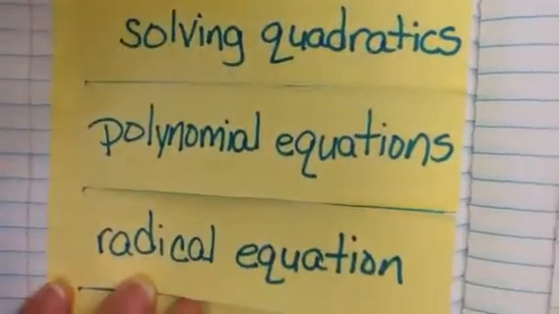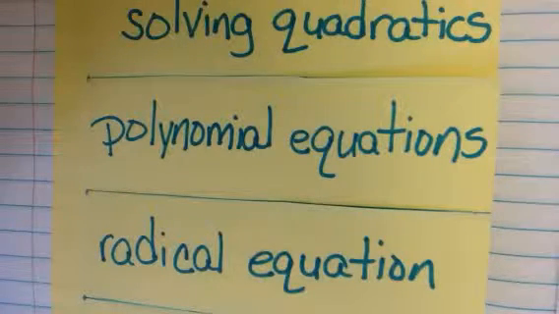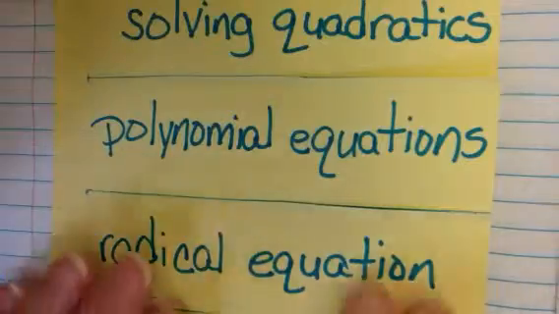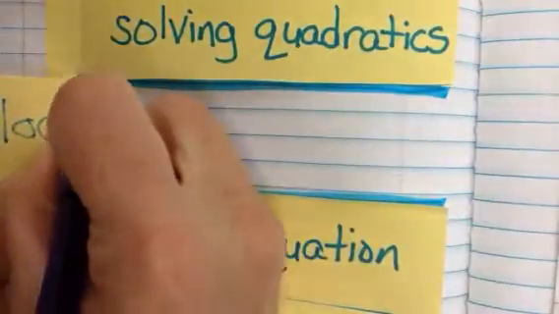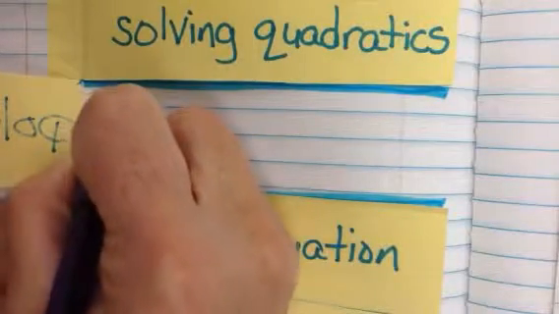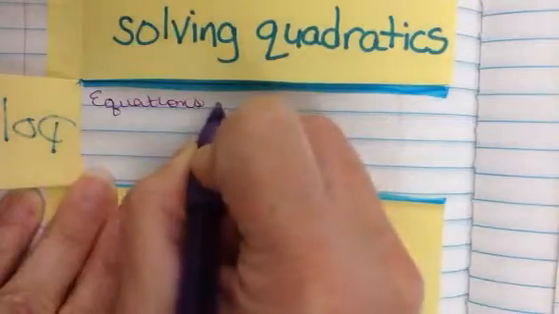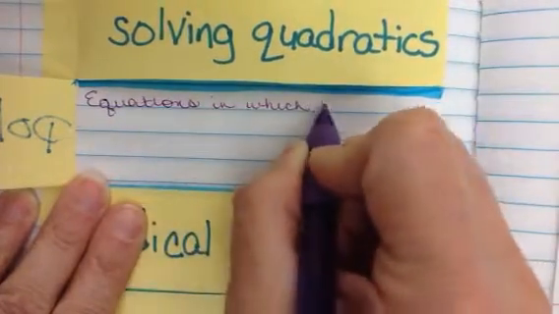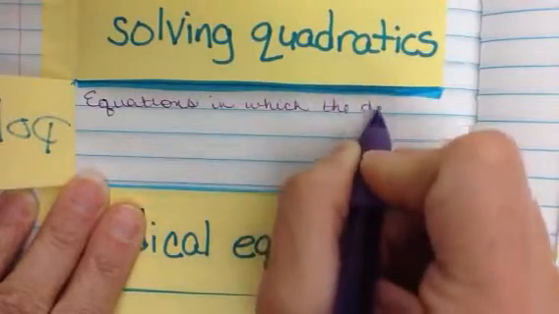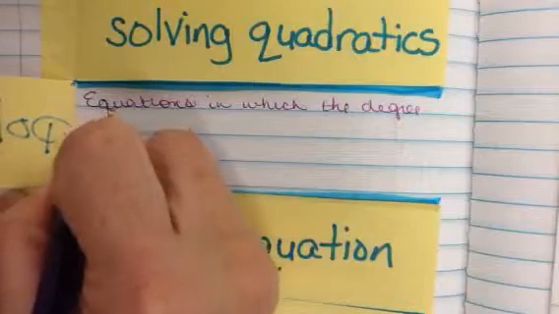Polynomial equations. A polynomial equation is an equation in which the degree is greater than 1.